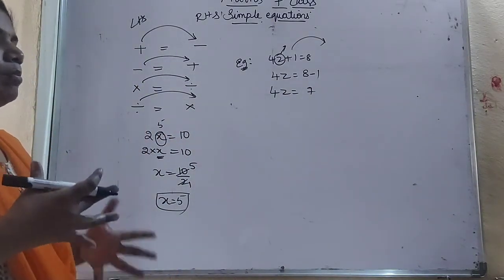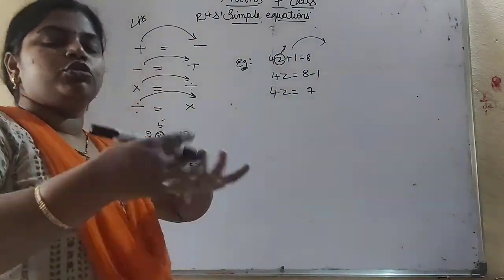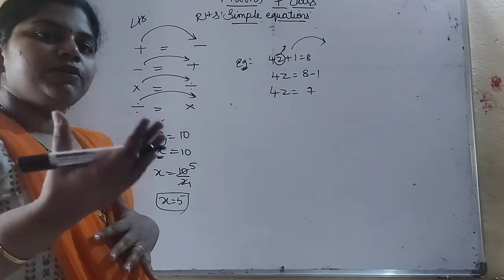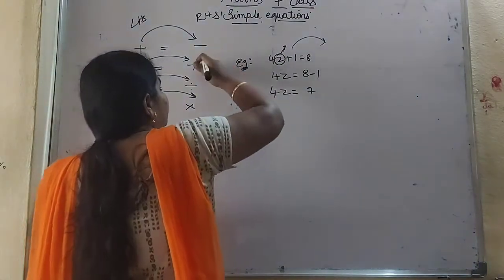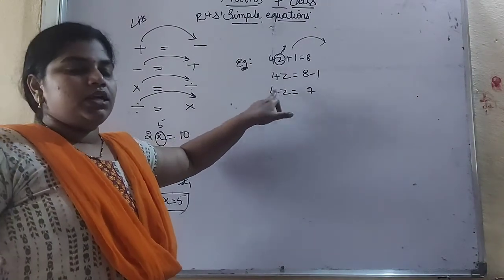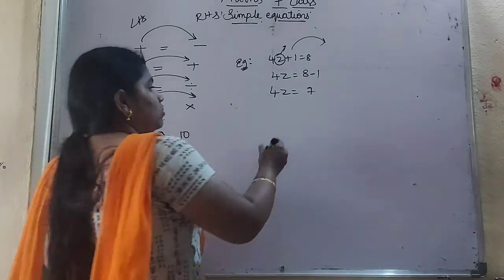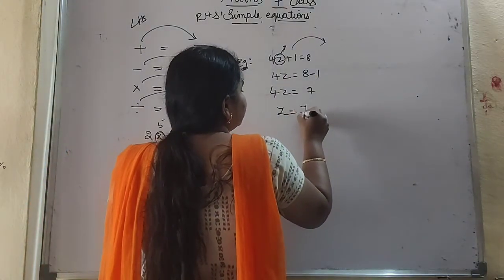Now which number do I have to remove? With this z, 4 is still linked, so that 4 should be removed. How to remove that 4? By using transposing. Here 4z is nothing but 4 into z. Multiplication, if you transpose, will be converted into division. So z will be equal to 7 by 4.